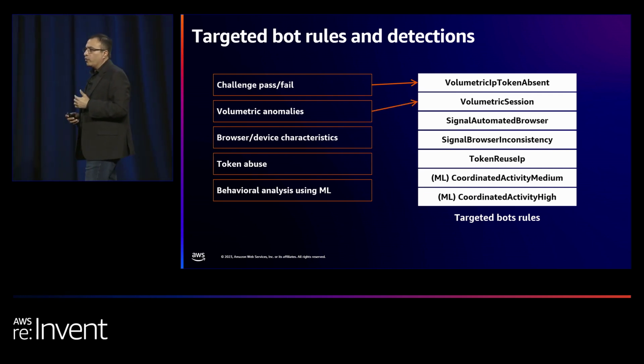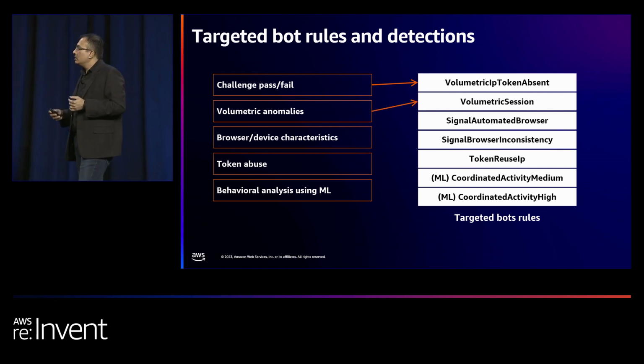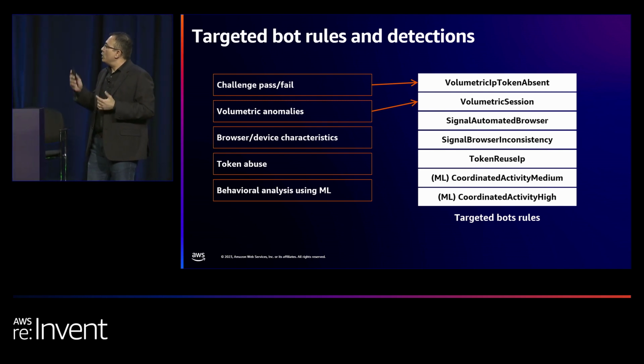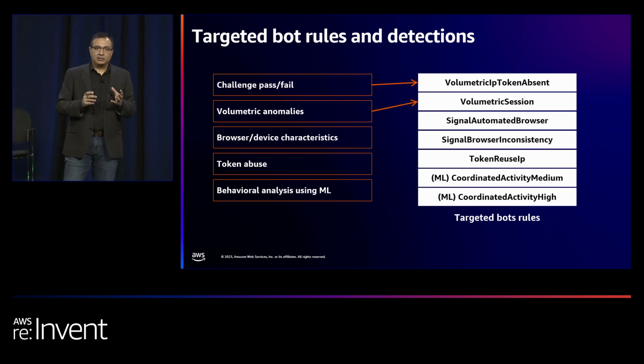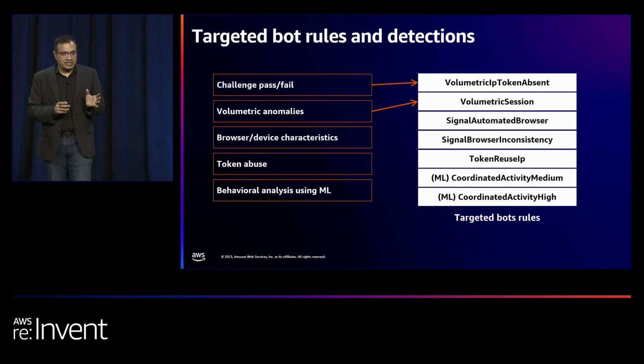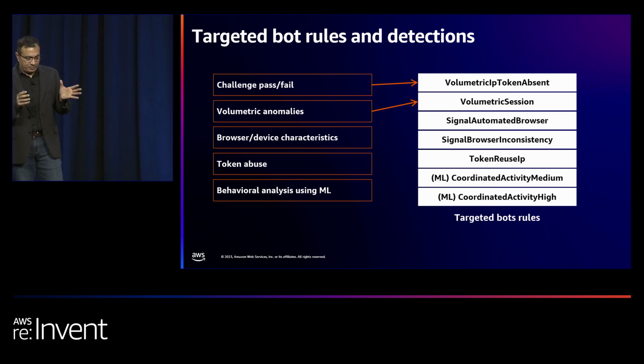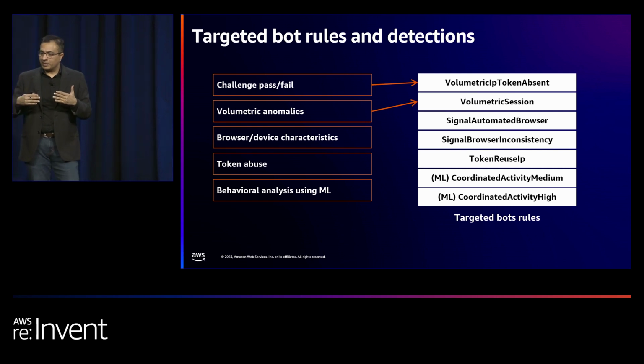Second, we look for volumetric anomalies. So volumetric anomalies work like rate limiting, but they are a bit more sophisticated than rate limiting. In rate limiting, you specify how many requests and what time window you want. But what we do here for Bot Control is we do this dynamically.